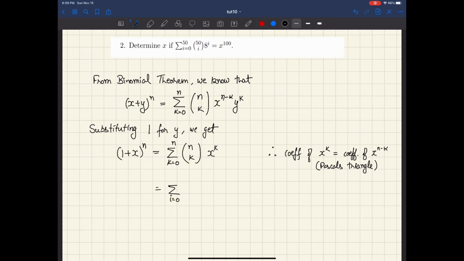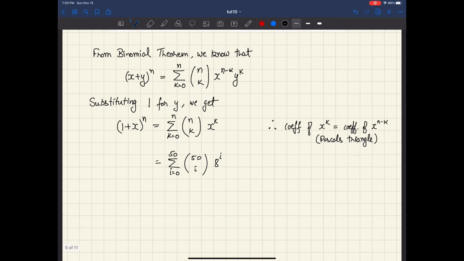Now, putting back the original question here, summation i equals 0 to 50, 50Ci into 8 to the power i. This is equal to (1 plus 8) to the power 50, since here our x is 8.